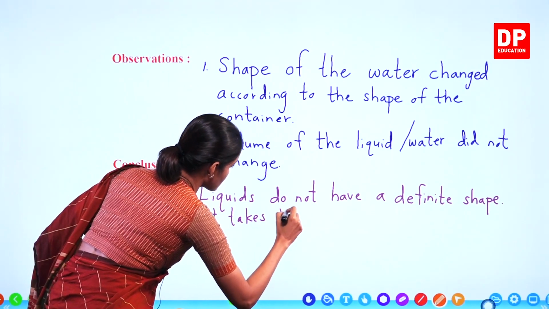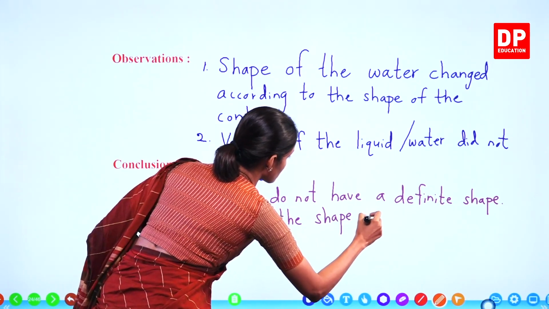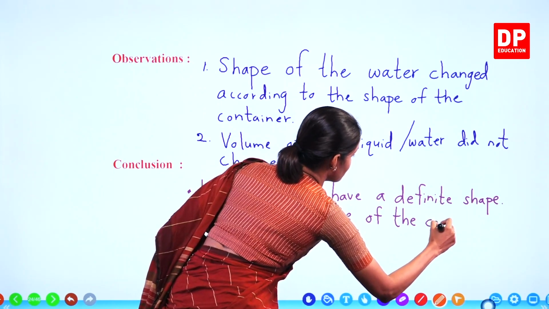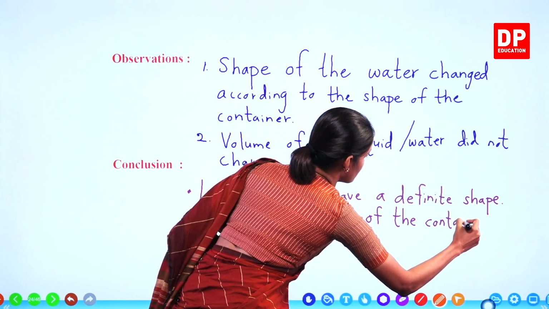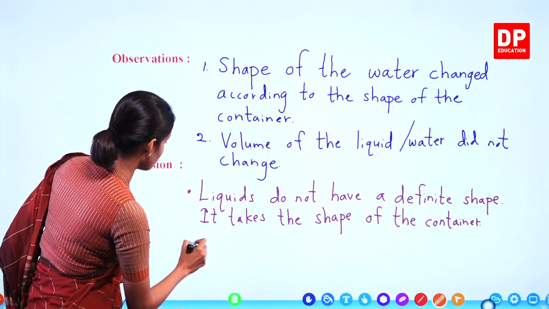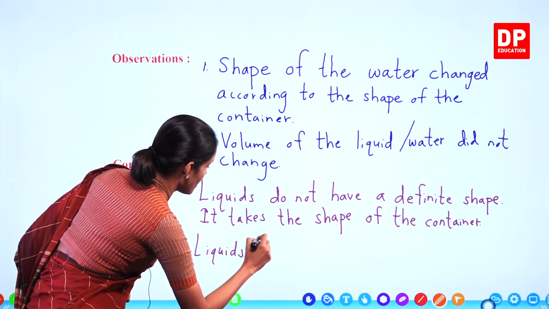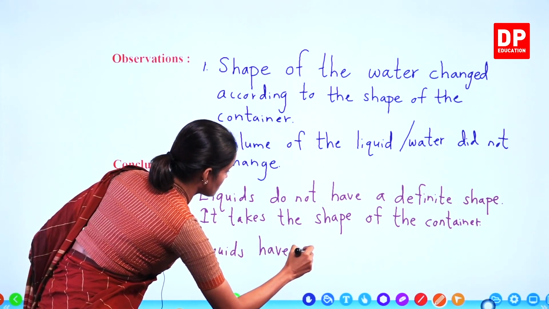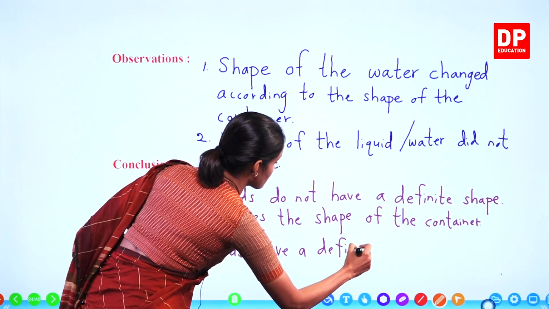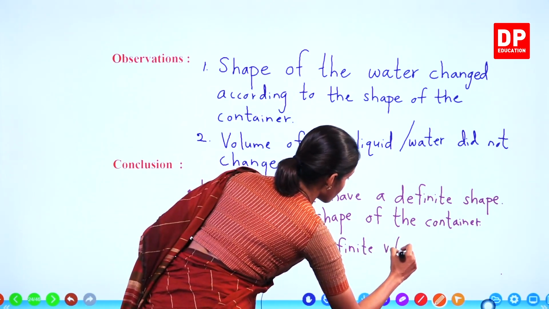It takes the shape of the container. Right, children? At the same time, liquids have a definite volume. Volume doesn't change from time to time.